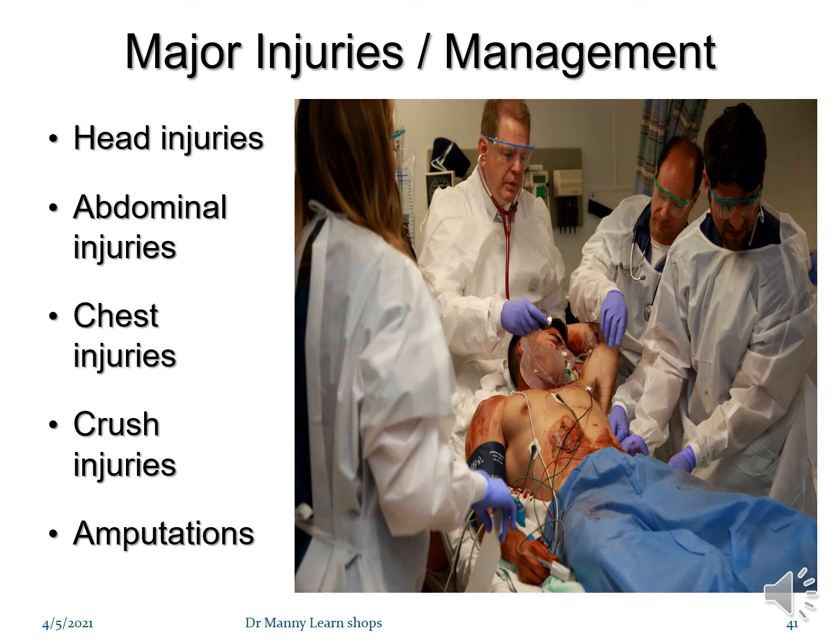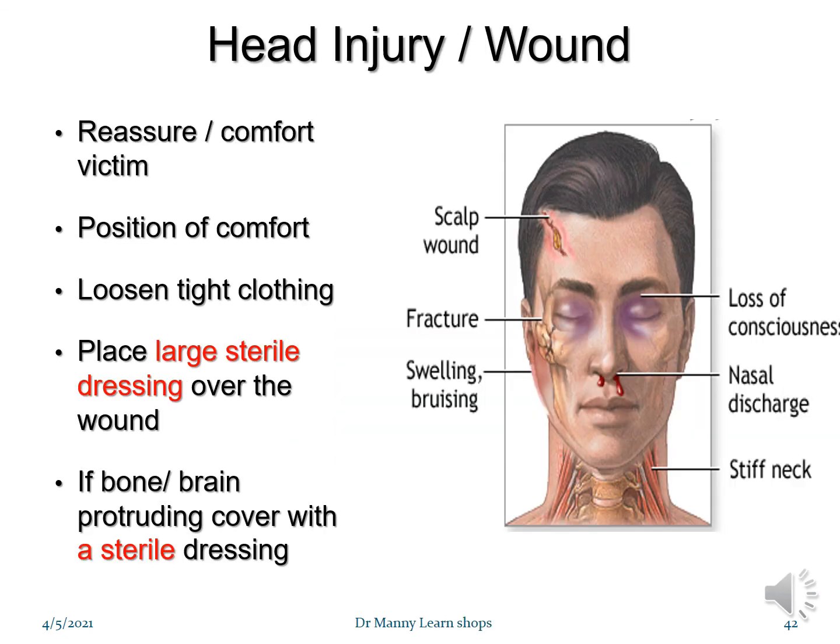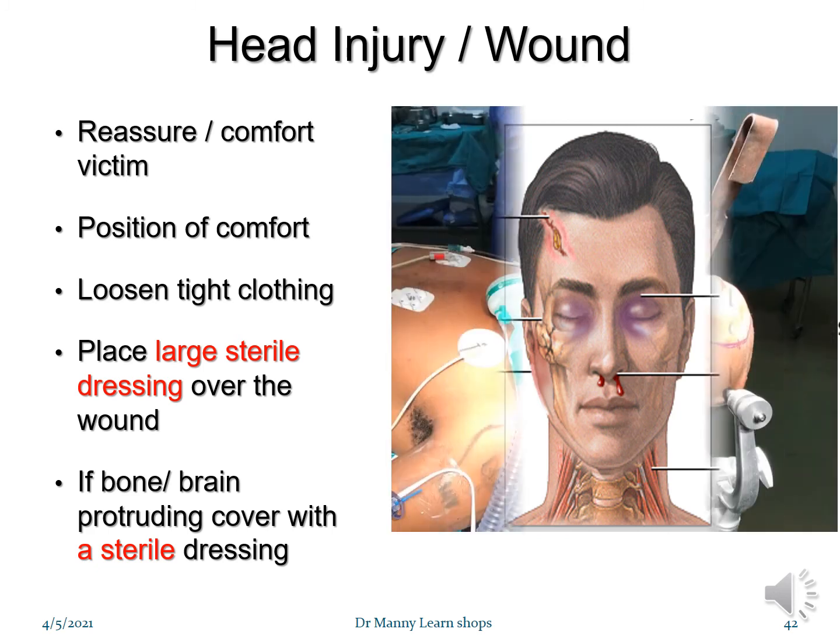When it comes to the management, the major injuries that we're talking about are head, abdominal, chest or crush injuries, and they could involve amputation. When you've got a head injury, the important thing is to reassure and comfort the victim. Position them in a position of comfort.